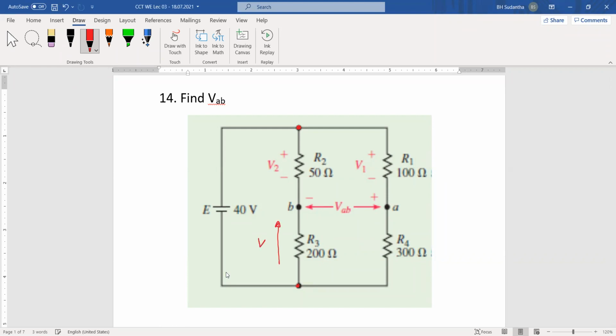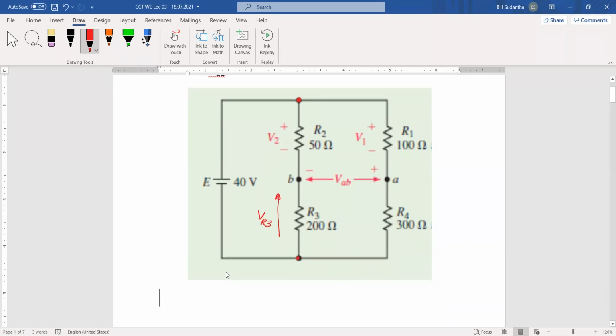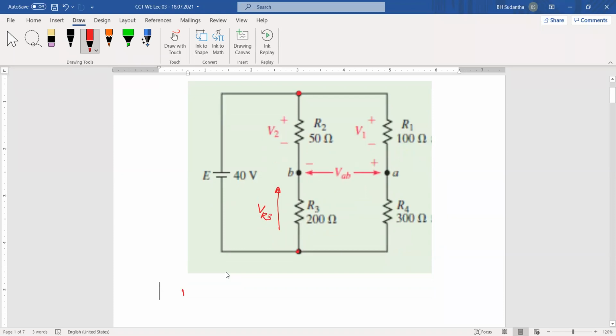If we take it as VR3, then applying the voltage divider rule, we can write VR3 equals 40 volts times 200 ohms over 50 ohms plus 200 ohms.